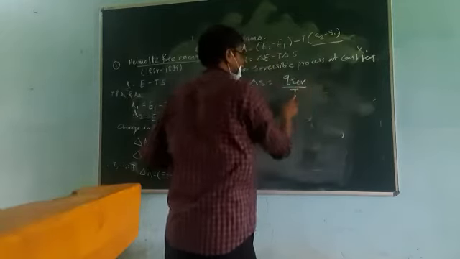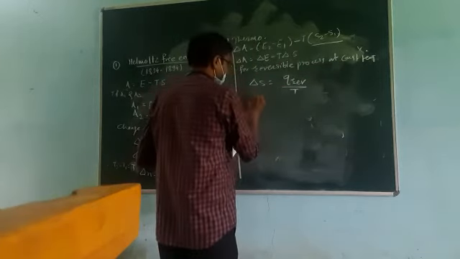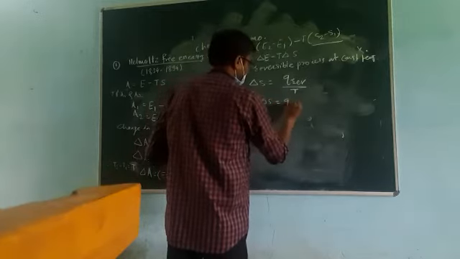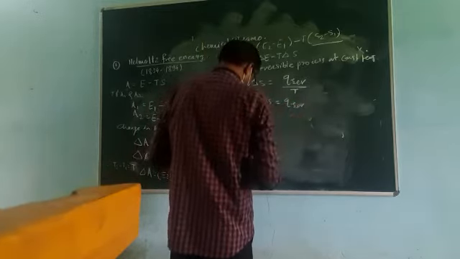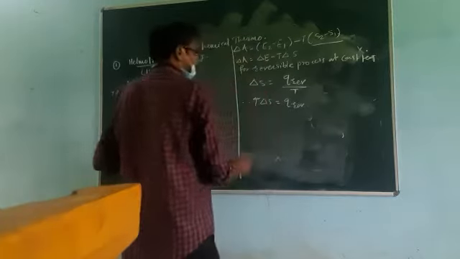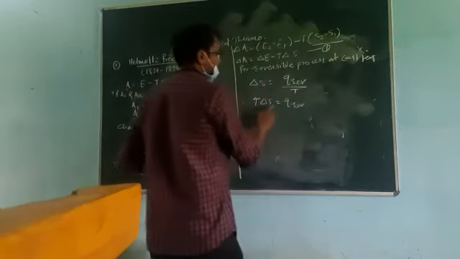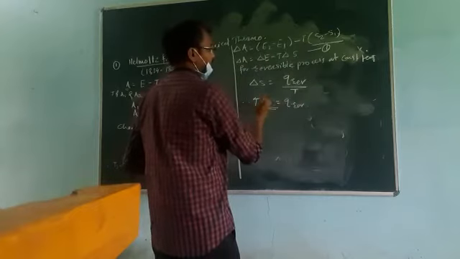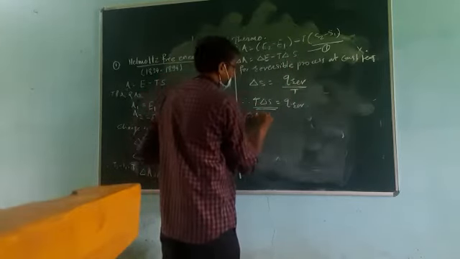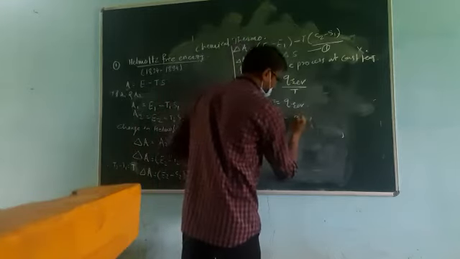Therefore, at constant temperature, T delta S is equal to Q reversible. Substituting this T delta S value in equation one, we get delta A is equal to delta E minus Q reversible.